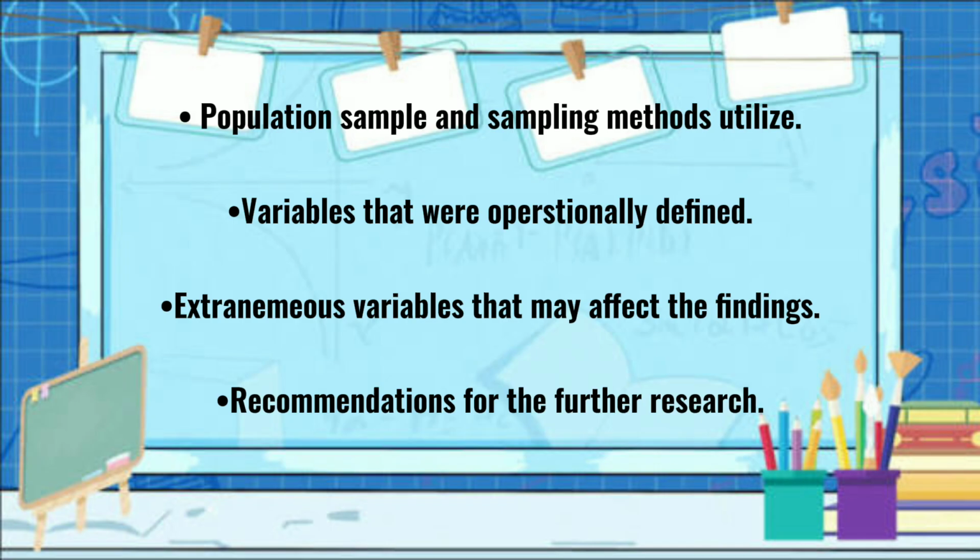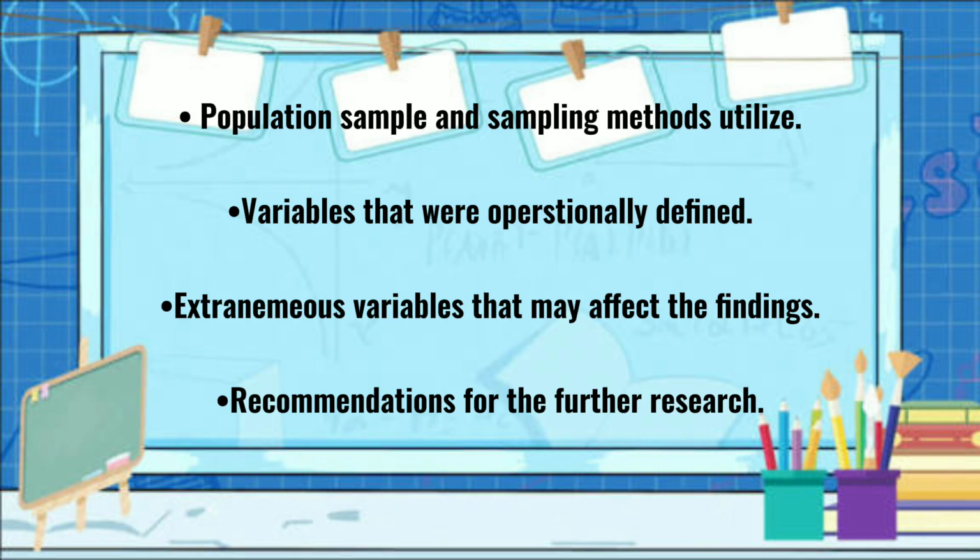Find the population they have used in the research problem, and also what kind of methods they use, so that you'd be able to prepare your paper on how many respondents you need in your methodology. You also need to know variables that were operationally defined.